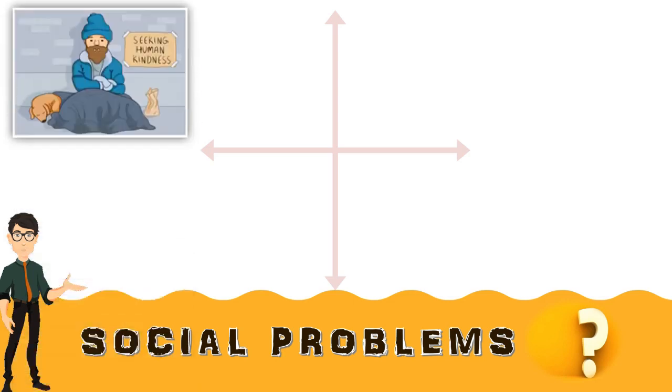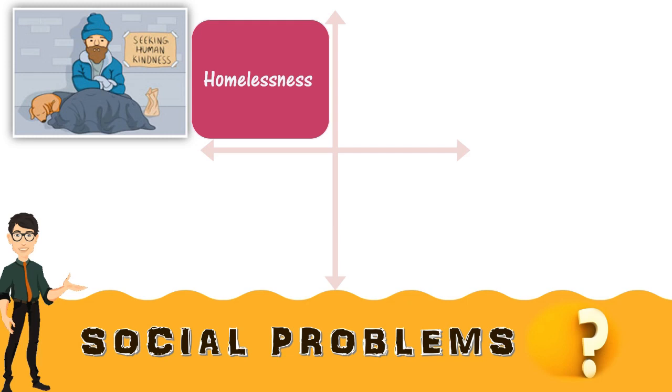Among other social problems, we can find homelessness. As you can see in the picture, the person does not have a home or a house to live in. So the problem is referred to as homelessness.